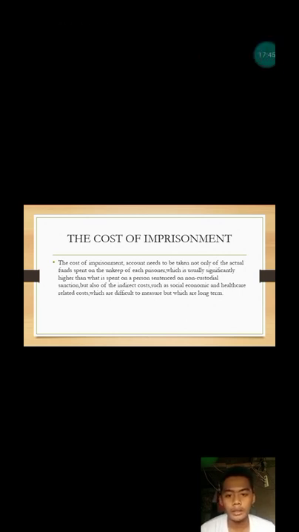So it means that the cost of imprisonment needs to account for the actual funds spent for each prisoner on their prison sentence.